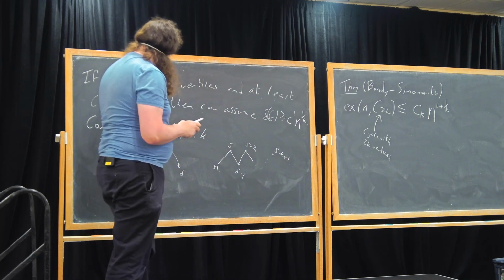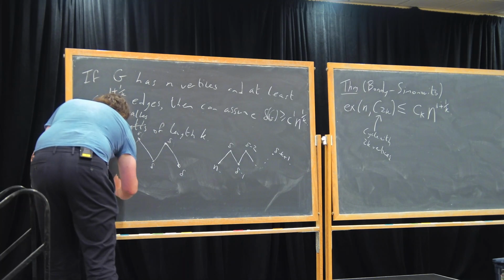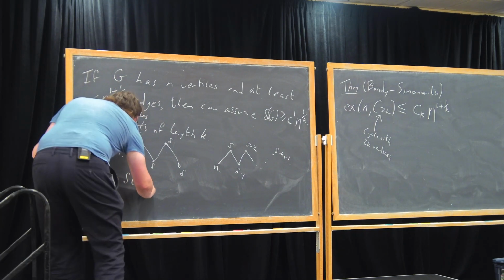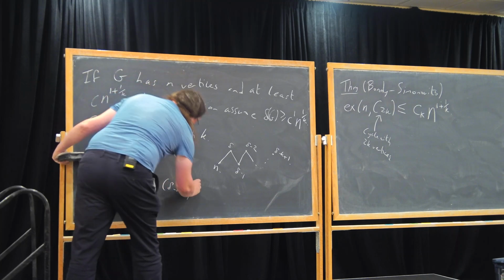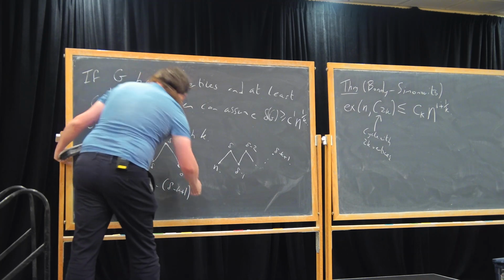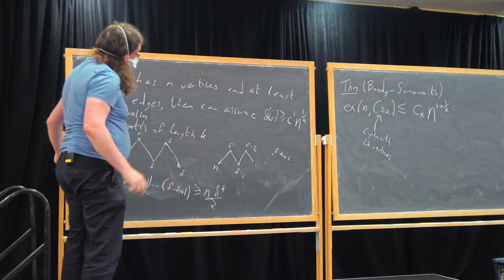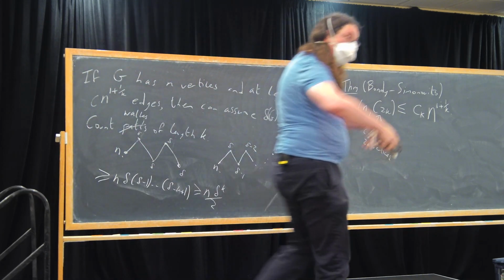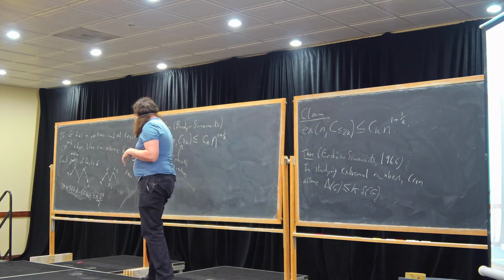Okay. So going back to paths, the total number of paths is at least n times delta minus 1 times ... delta minus k plus 1, which is at least, if n is large, n delta to the k over 2. Okay, so actually quite a lot of these things. But I also know this delta is at least this.